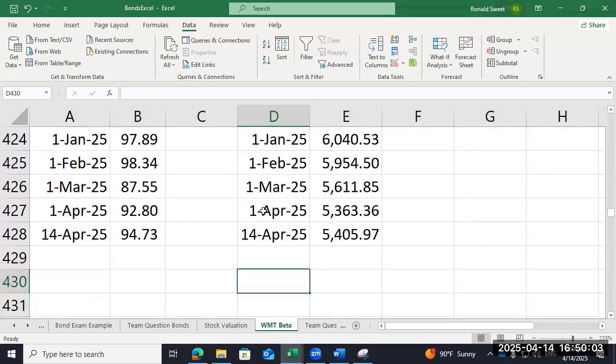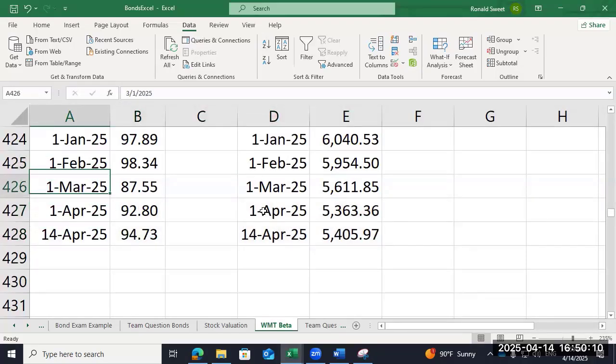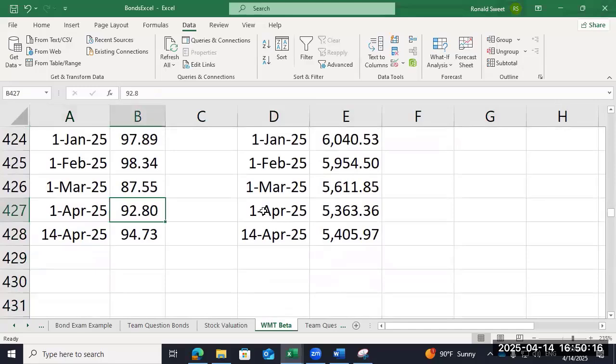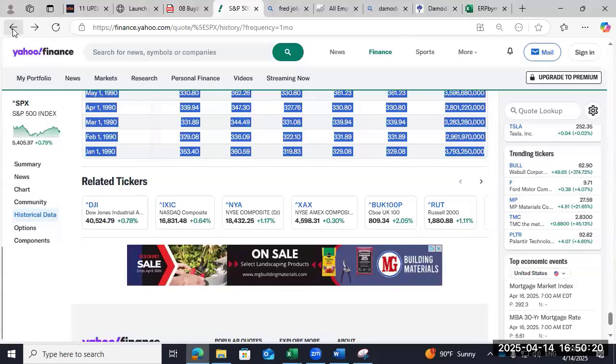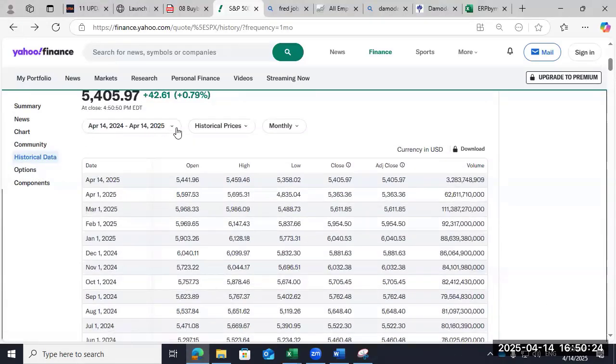So we got January. April hasn't ended yet, so I'm going to take April out as well. Now it gets real tricky. Notice it says March 1st. It can be really, really tricky to know exactly what month this is. I'm going to go back and look at Walmart and see what their price was.